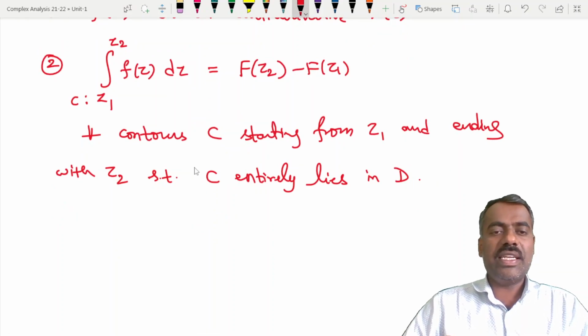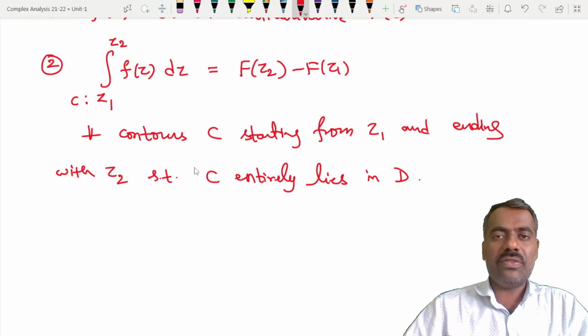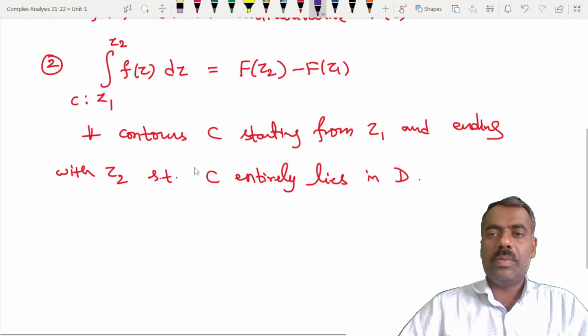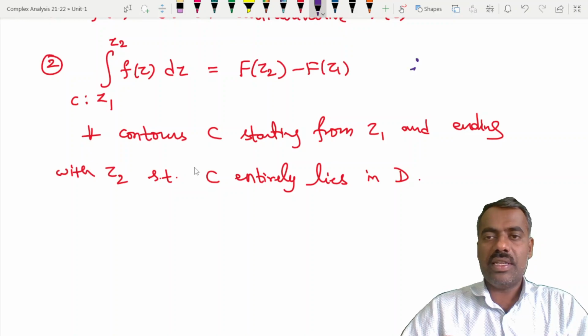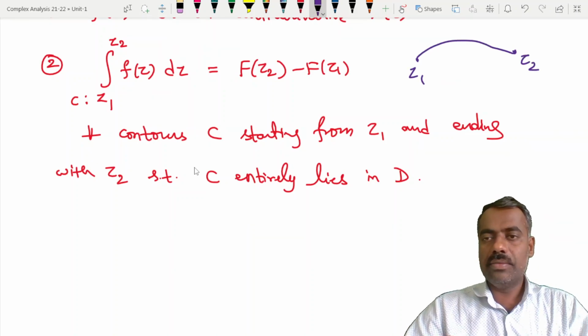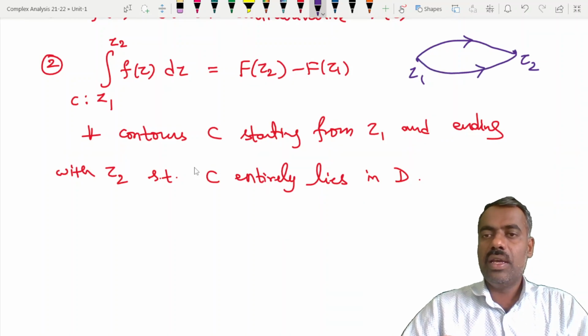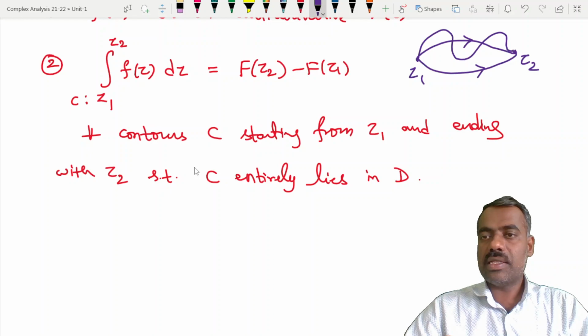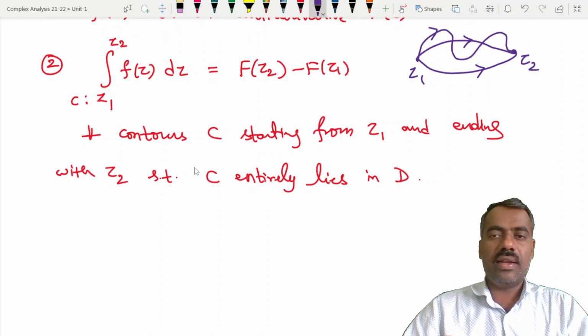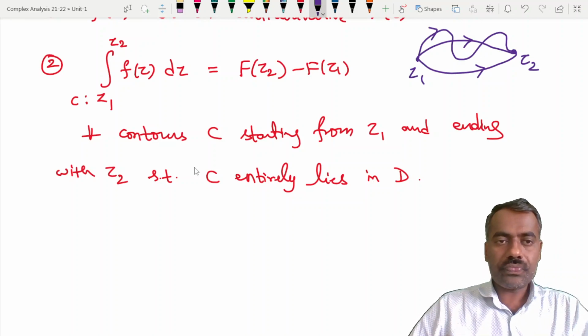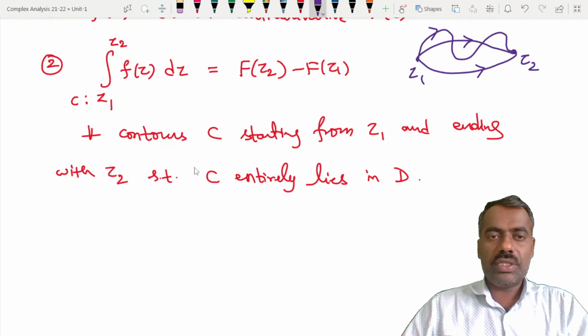So no matter whichever curve we take, the integration is the same. It means the integration is independent of the path we select. If this is z1 and this is z2, you can select this path, or this, or something like this, and all the integrations are equal.